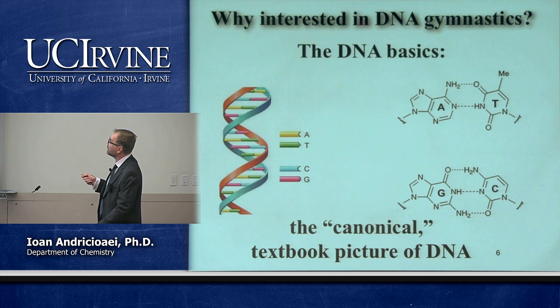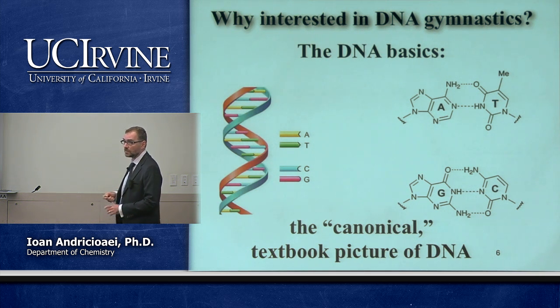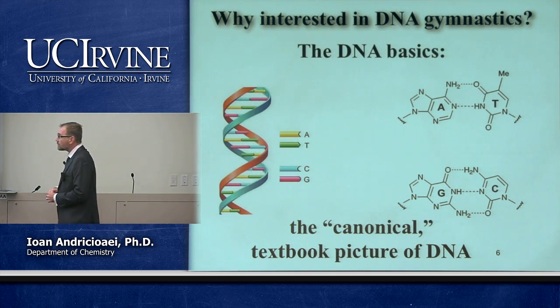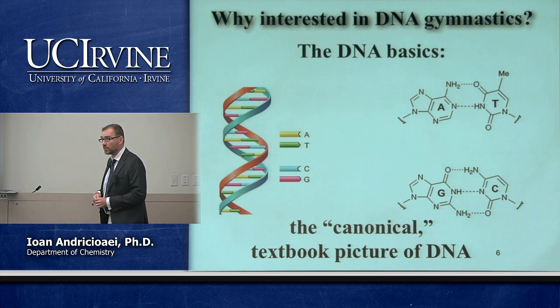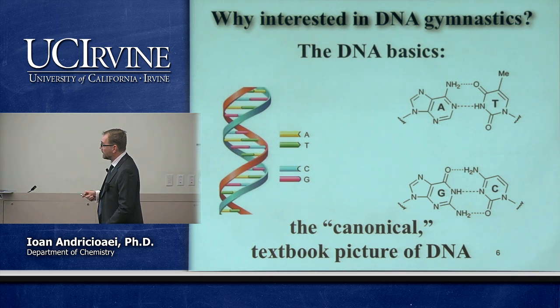But why are we interested in DNA gymnastics to start with? Well, according to the textbook basics of the DNA descriptions, we have 4 kinds of bases, A, T, C, G, and we have unique ways of pairing A and T and C and G. Although what exactly we define by unique, we will see later.